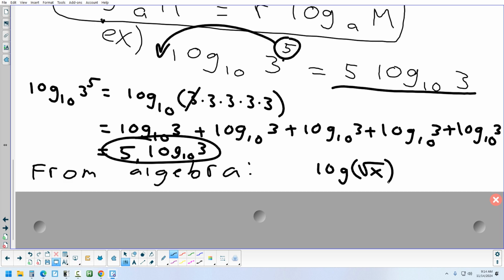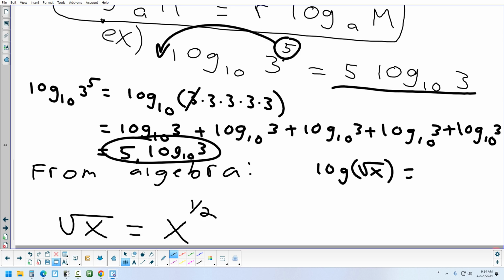And we talked about this when we did radicals. The square root of x is the same as what? X to the 1/2. That's really x to the 1/2 power. So if you were going to rewrite something like that, and I said no exponents, how would you fix this so it doesn't have even a hidden exponent? Yep.